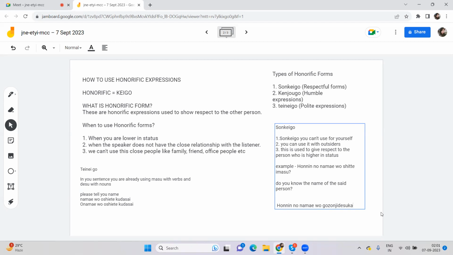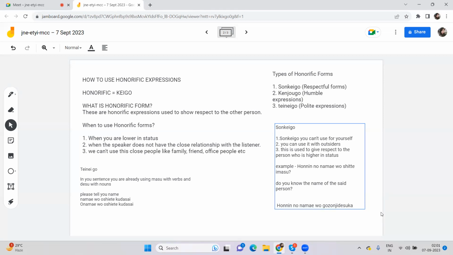So now you will definitely ask how we will get to know that we need to use this gozonji desu ka. The answer is that you have to learn chapters 49 and 50 of Minna no Nihongo, where they have written that this verb has a sonkeigo, which is this.